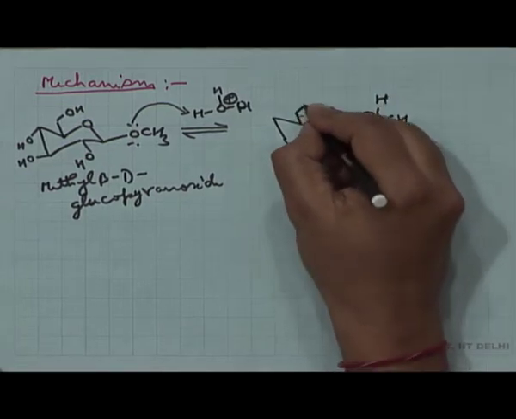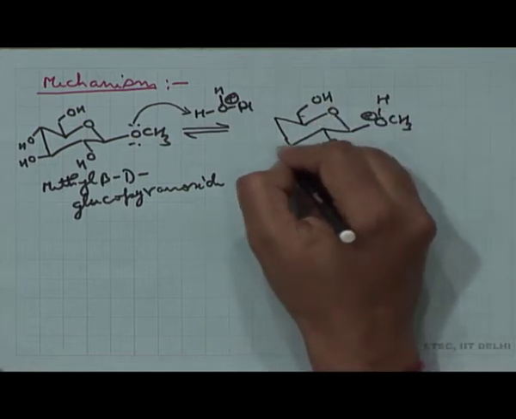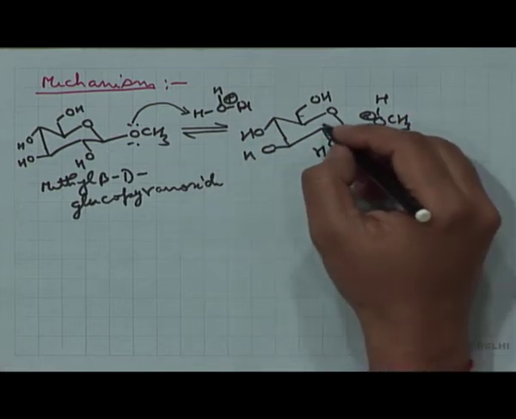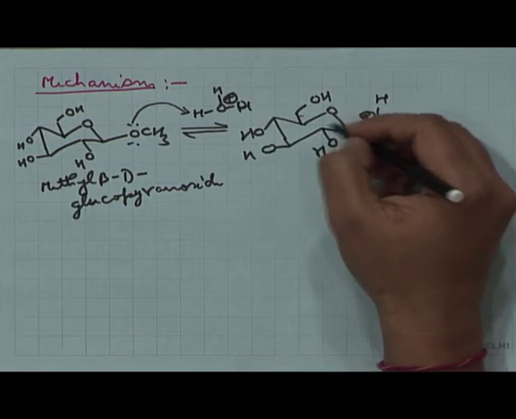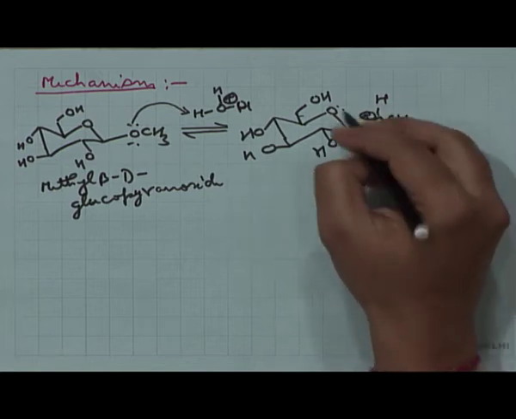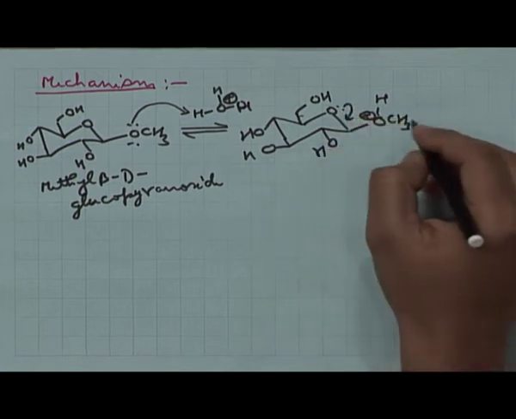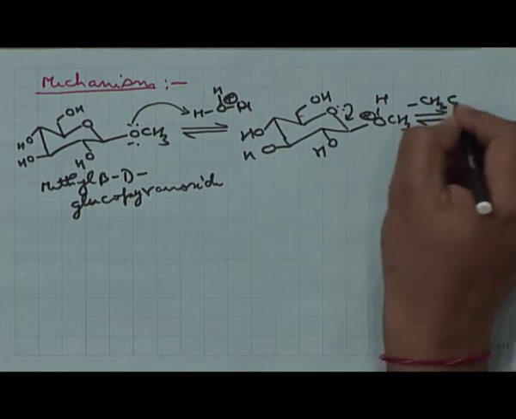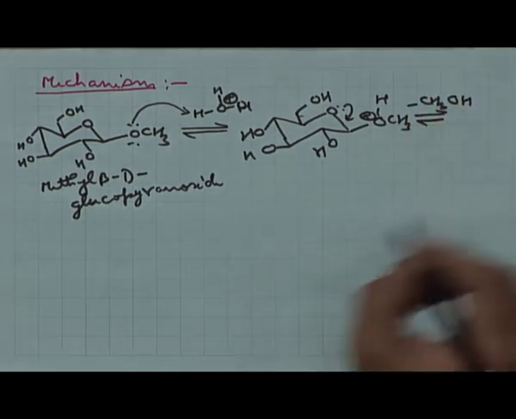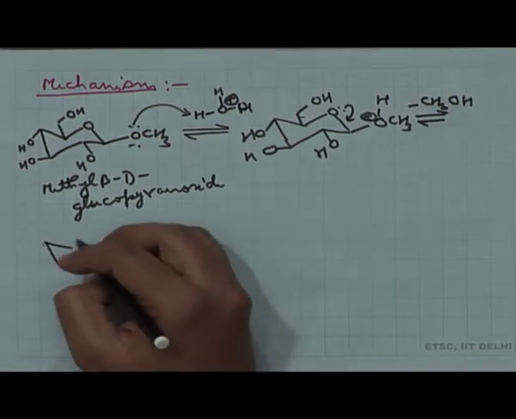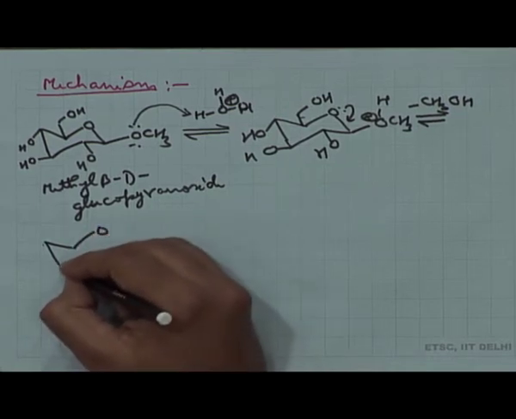Now, it gets protonated. Once it is protonated, again the ring oxygen will help in elimination of this protonated methoxy group in the form of methanol. So, again minus CH3OH, that will generate the oxonium species as an intermediate.